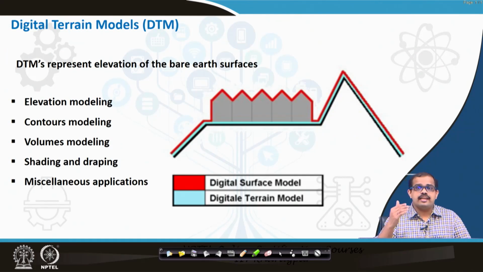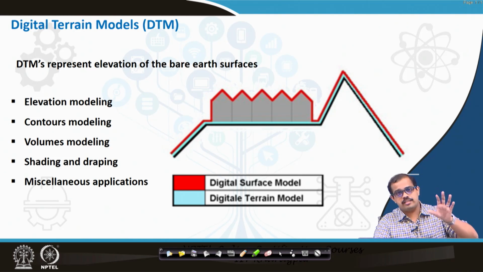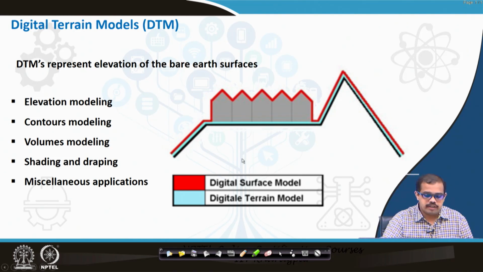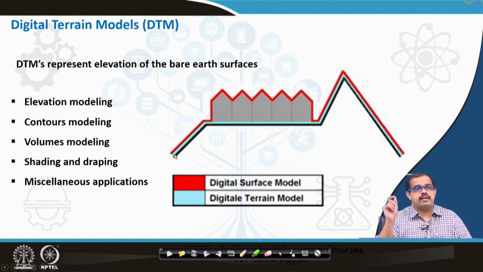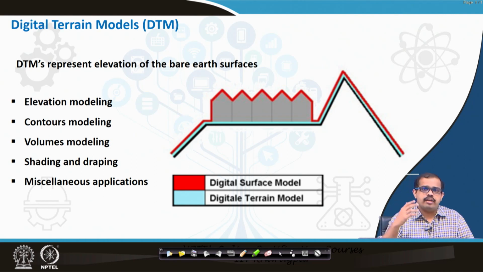The next kind of modeling may be using a digital terrain model. I have given you a good example of what you mean by a surface model and a terrain model. For example, let us say I have planimetric data that I have considered. Now I can do any kind of analysis.